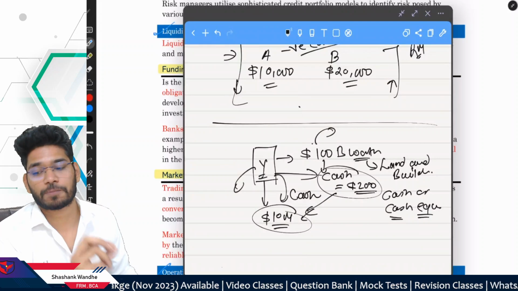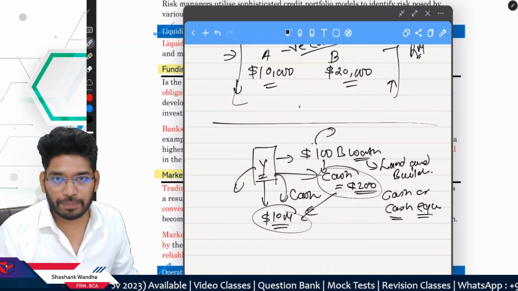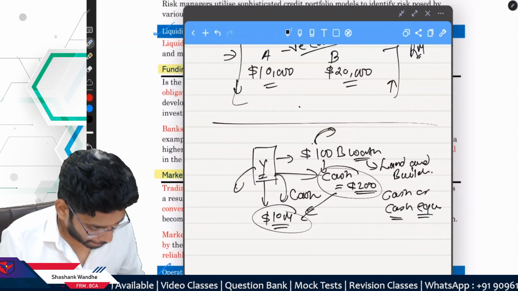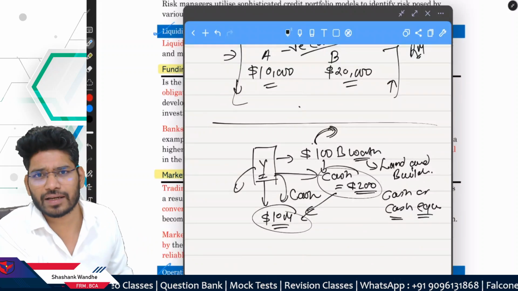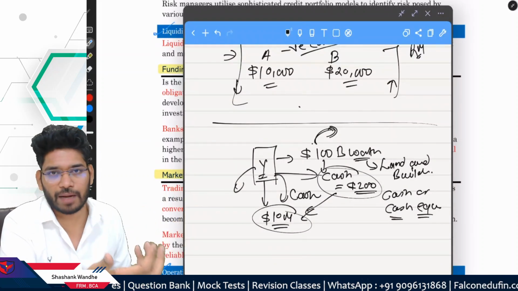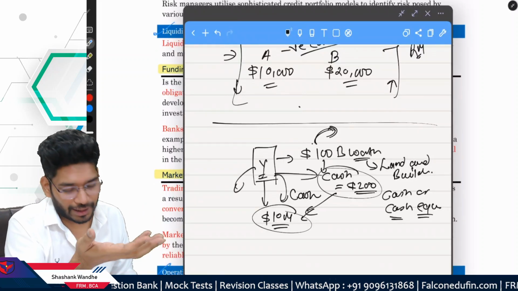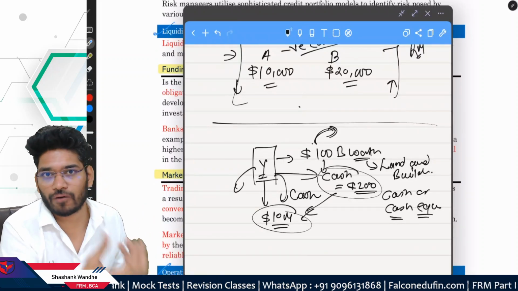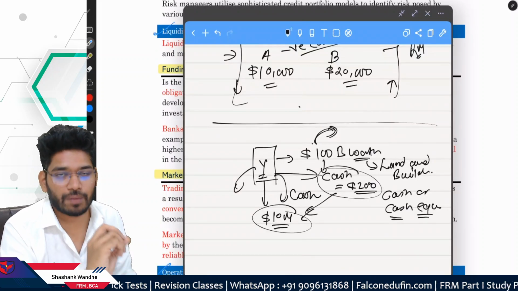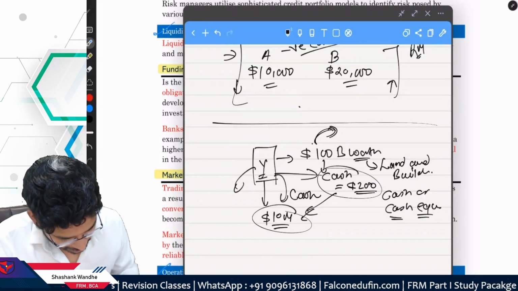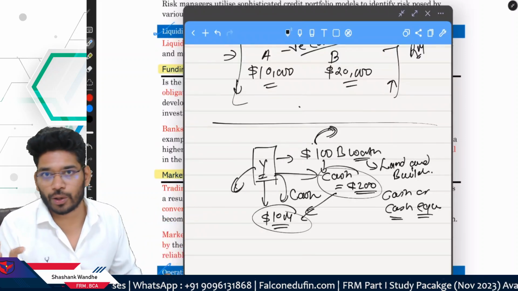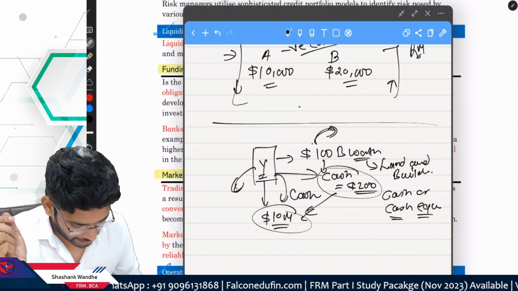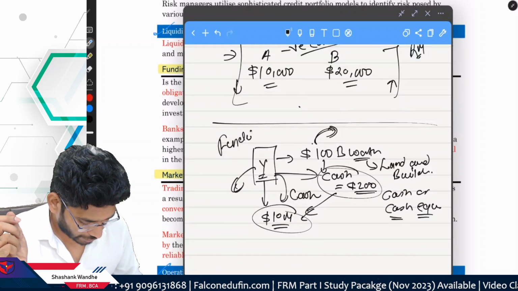This bank could have borrowed 10 million by pledging 100 million worth of assets, because land and building is available there. So maybe the $10 million can be easily borrowed from any other bank by providing collateral as a security. But say all the other banks are saying, no, we are not going to provide you any funds. This is funding liquidity risk.